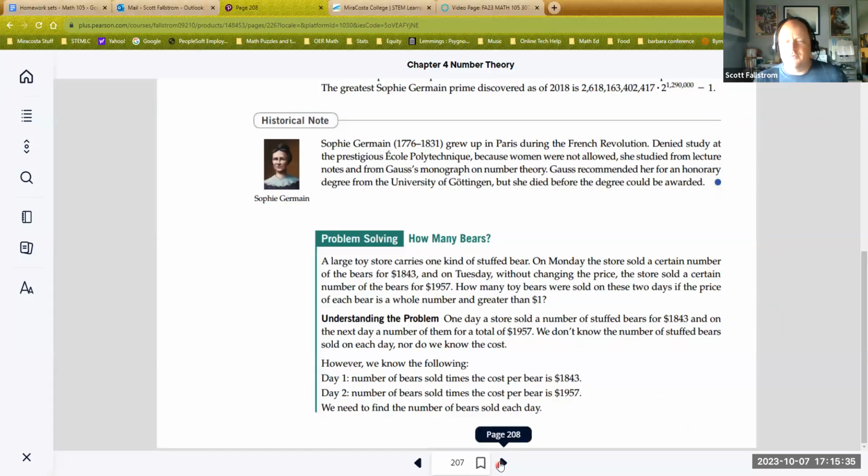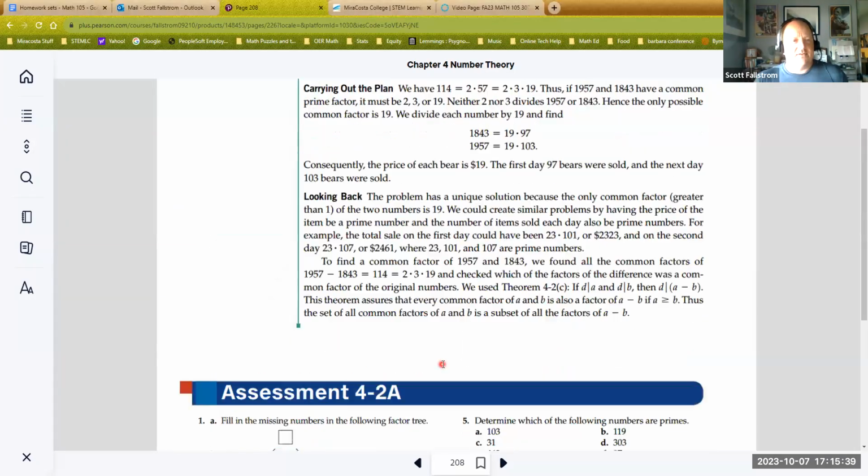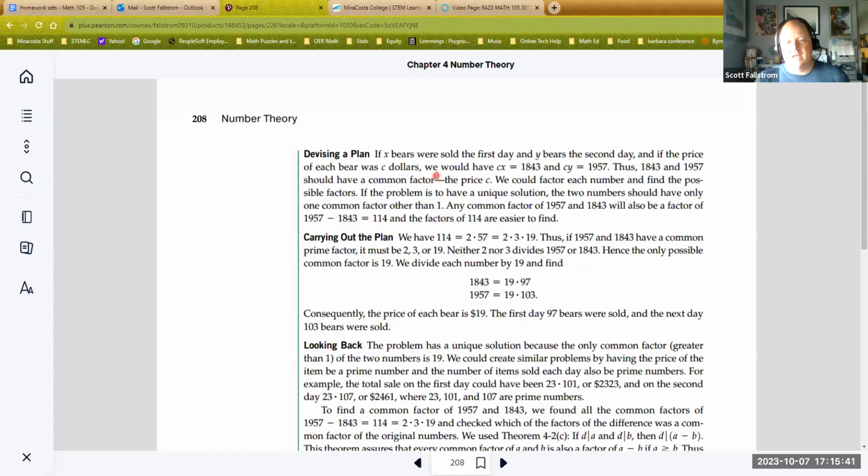Prime numbers are often called the building blocks of a number. Oh, and that's it for 4-2. So it's a building block of a number. And when you think of it that way, you realize how fundamental the prime numbers are to multiplication of numbers. We don't have that same power when it comes to addition.